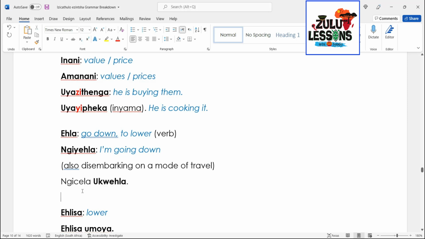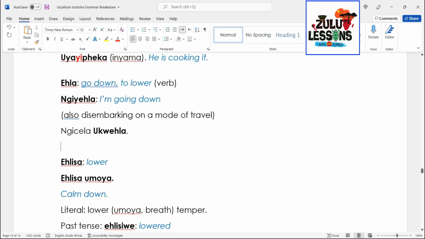Like I said just a while ago, we can use a verb that ends with ing, which means it is a noun. We can use it as a subject of the sentence. We can use it as an object of the sentence. So here we've used this as an object of the sentence. Ngicela ukwehla. So it's like I'm saying, I am asking to disembark.